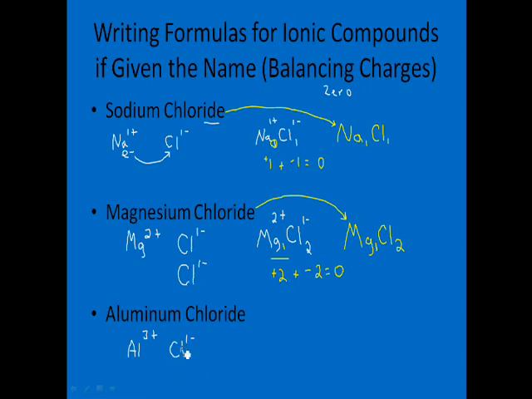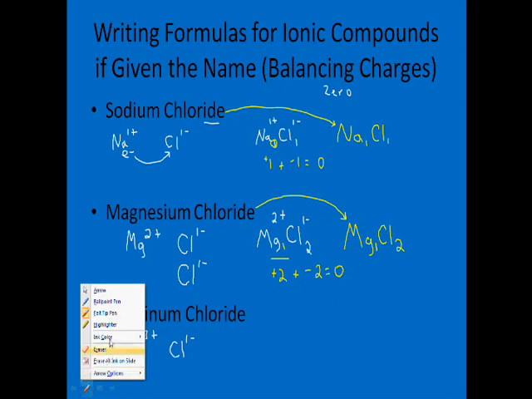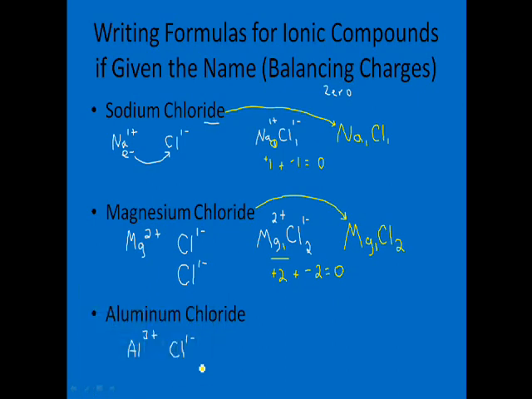A little easier way to do this is what we call the crisscross method. And again, I told you that chemistry is just ratios. If I look at the number that's up here of the charge, that 3, and I bring it down and make it the subscript for my anion, that tells me how many of those things I need. Because what is this? It's just a ratio between the positives and the negatives.